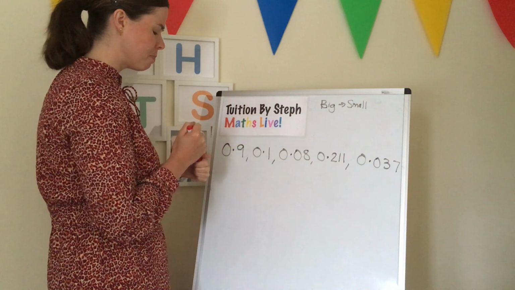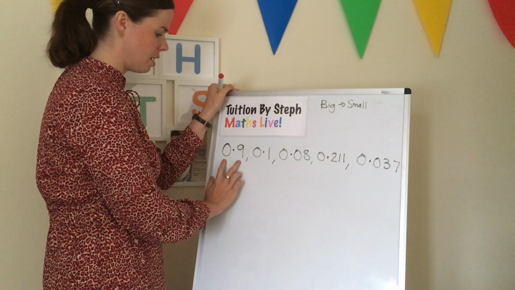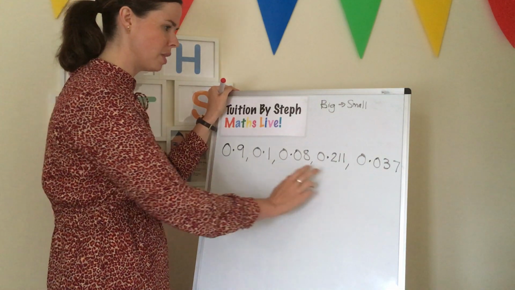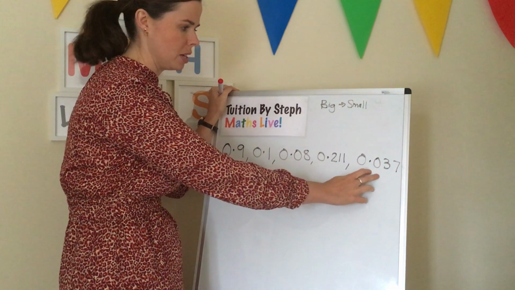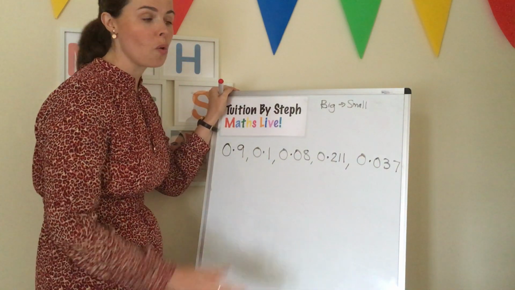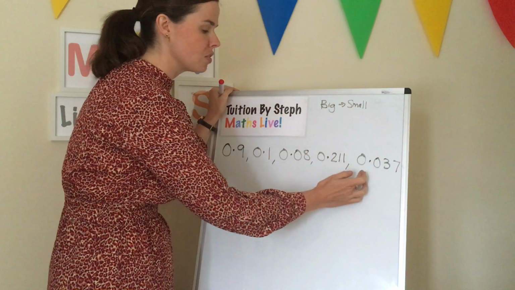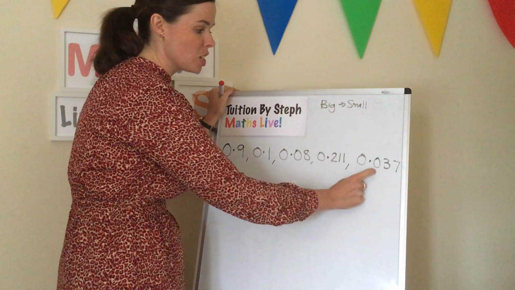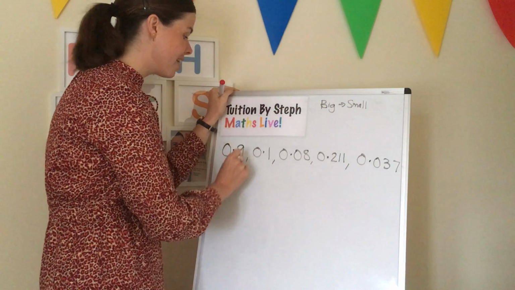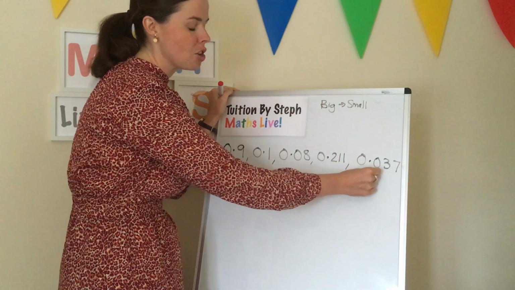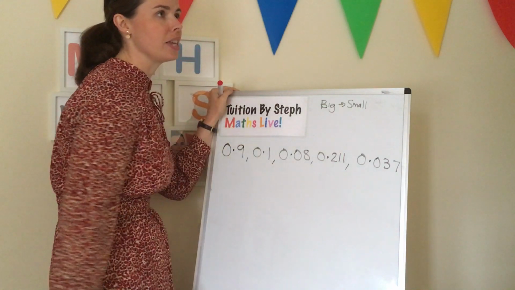But you might think, but Steph, this has only got a 2-digit number. Surely this number's the biggest because it's got 1, 2, 3, 4 digits. No, remember, look at the place value, okay? If this one has 9 tenths and this one has no tenths, 9 tenths is bigger than no tenths. Doesn't matter what comes after it, you're comparing the direct place value.